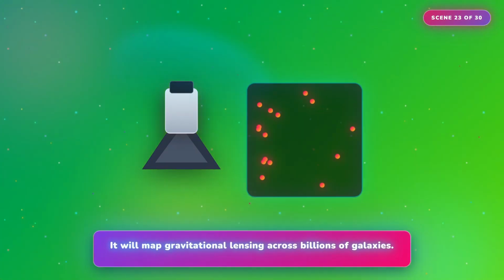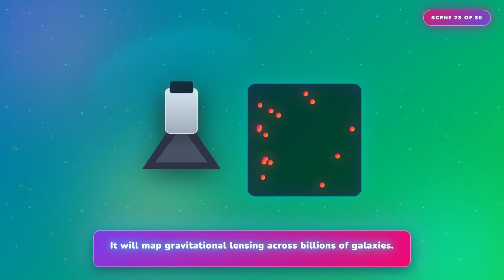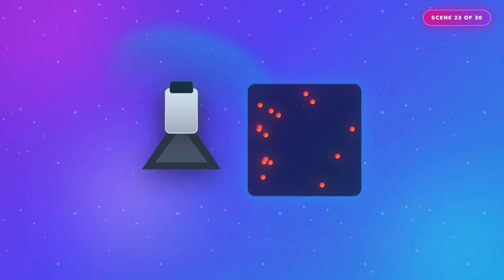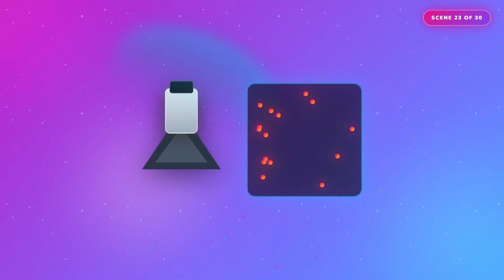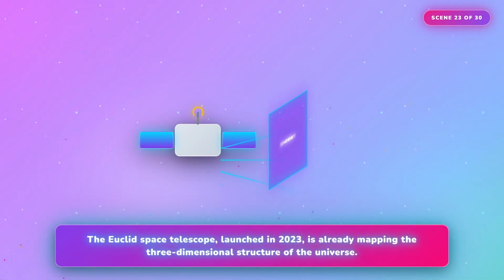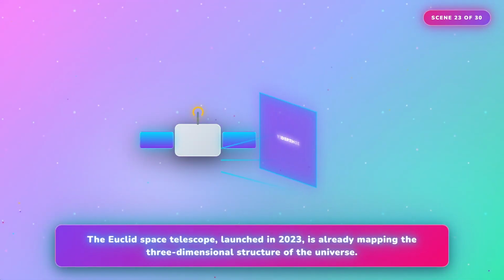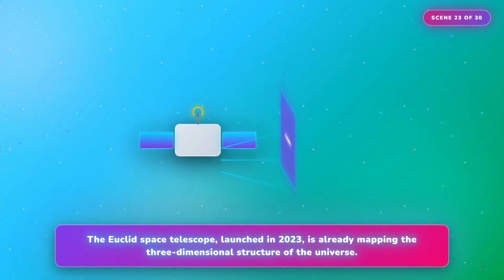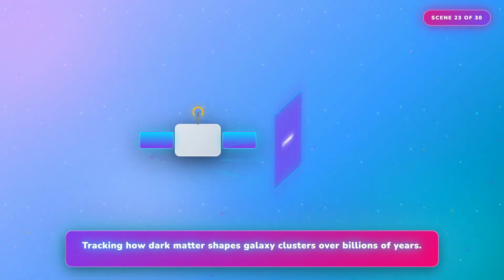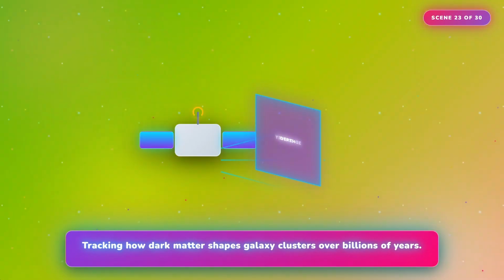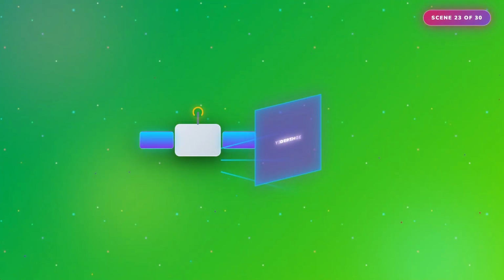It will map gravitational lensing across billions of galaxies. The most detailed dark matter map ever. The Euclid Space Telescope, launched in 2023, is already mapping the three-dimensional structure of the universe, tracking how dark matter shapes galaxy clusters over billions of years.